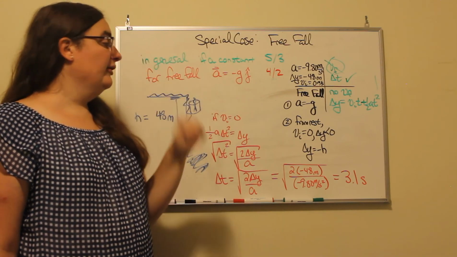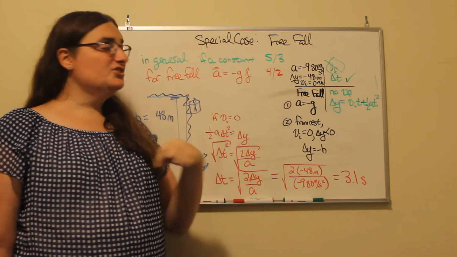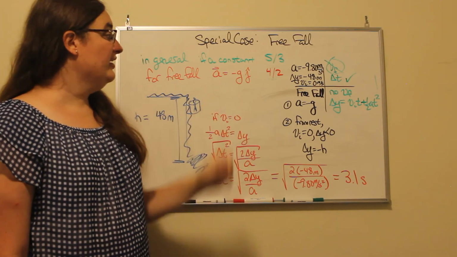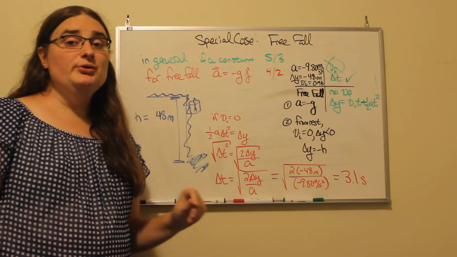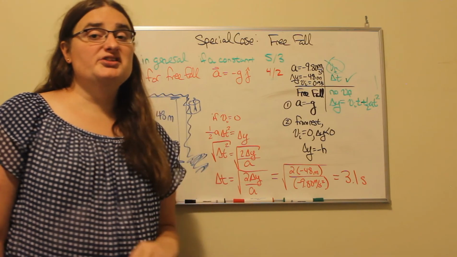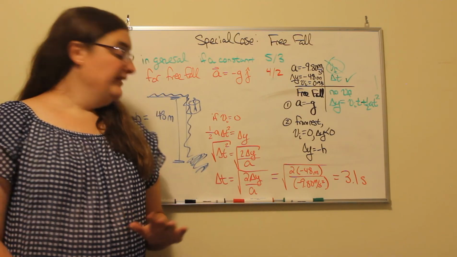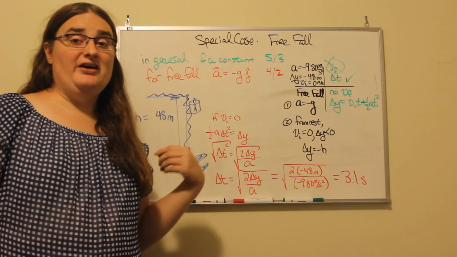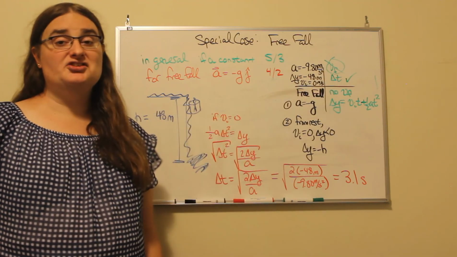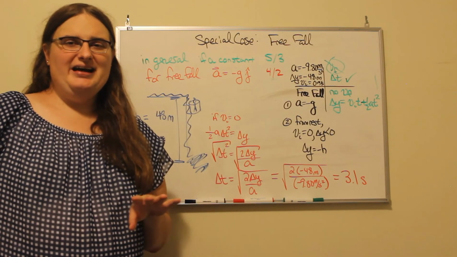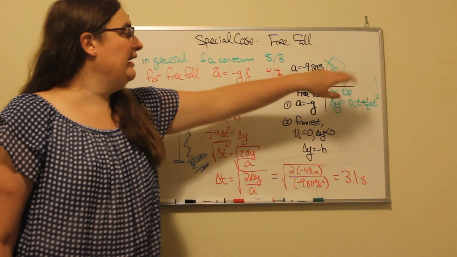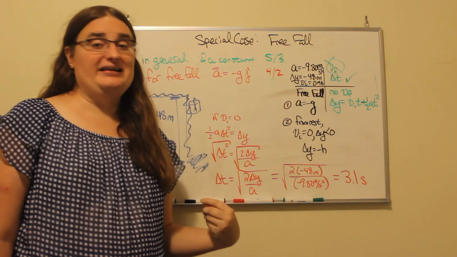The one given from free fall, plus the 2 more that we need to get up to 3. If we take a look at our 2 unknowns, one unknown is final velocity. It's going to be important for figuring out the stopping part, to know how fast you're going. But if we need to know the time, we don't need to know how fast we'll be going at the end.